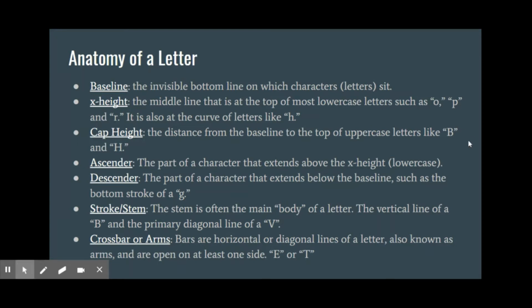So it has a space in the center that holds the letter together, kind of a support system like the ribs. And then the arms are pieces of letters that stick out. So the top parts of the T would be considered arms, and all the extra pieces that stick out of the letter E would be a crossbar.